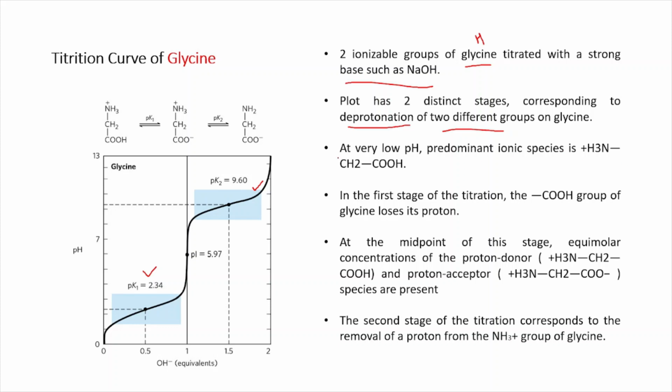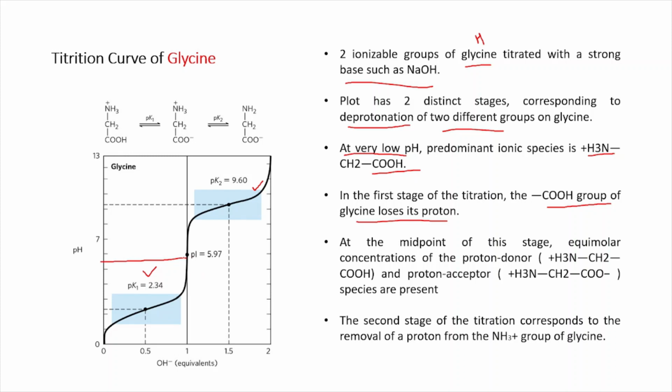Now, at very low pH values, the NH3 plus group has a charge on it, but the COOH group doesn't carry any charge, so we have a positively charged amino acid. Then, as you increase the pH, the carboxylic group first loses its proton, and the amino acid reaches pH equal to pI.